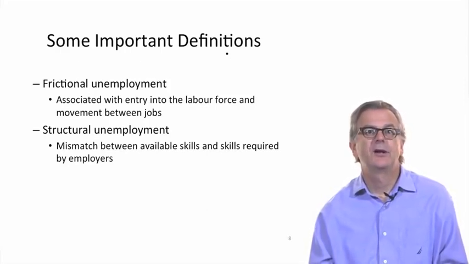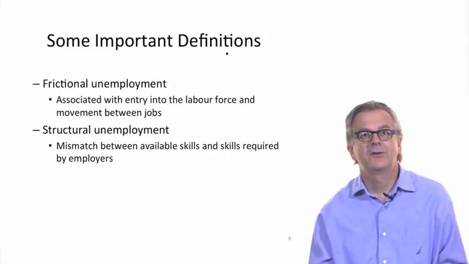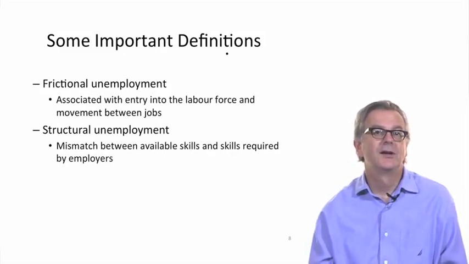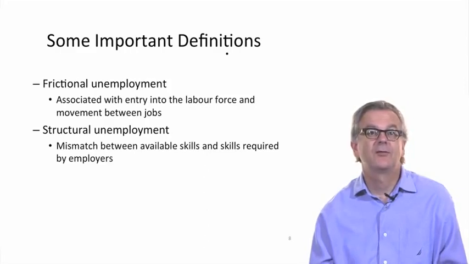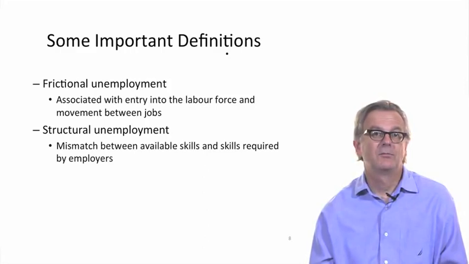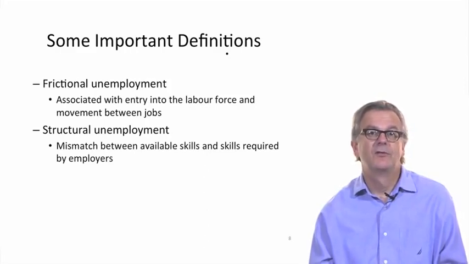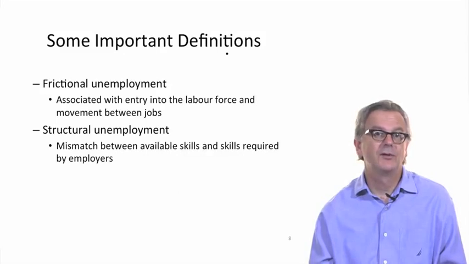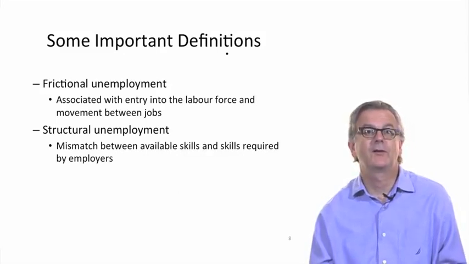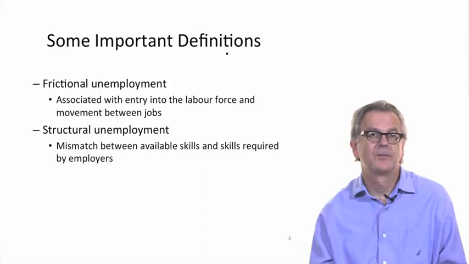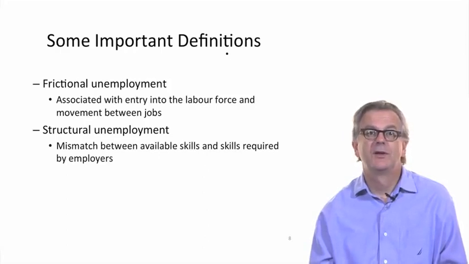So you may have been trained for one particular occupation, but it turns out that that occupation, because of changes in technology, is not really something for which there is much demand. Typists, for example, find it's much more difficult for those skills to be used than what was the case 20, 30 years ago. At any point in time, there is usually some amount of structural unemployment as well.